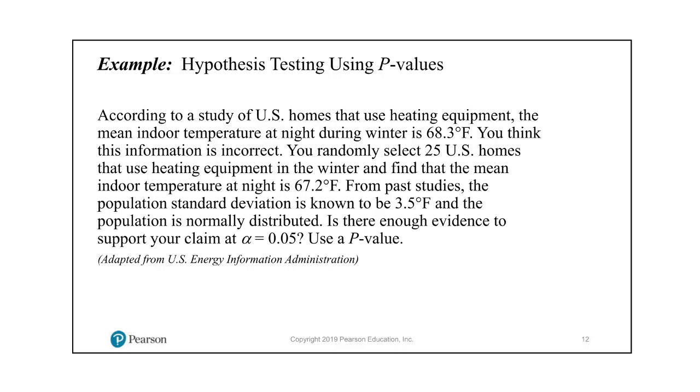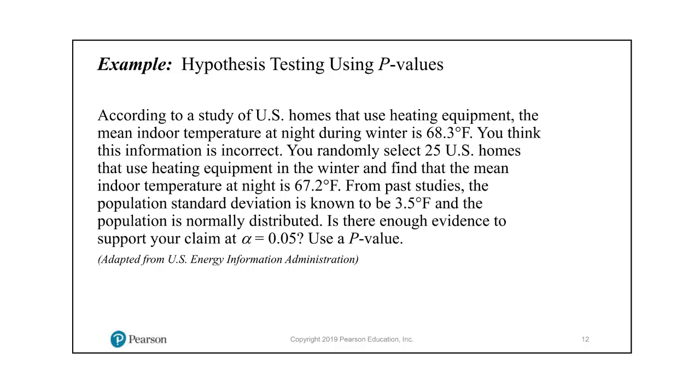Okay, let's try another example of hypothesis testing, and let's see what we can make out of what's given here, and then we'll decide what we're doing. According to a study of U.S. homes that use heating equipment, the mean indoor temperature at night during winter is 68.3 degrees Fahrenheit. You think this information is incorrect.